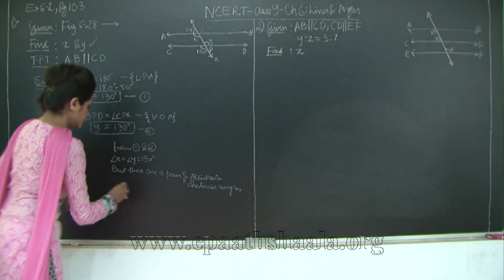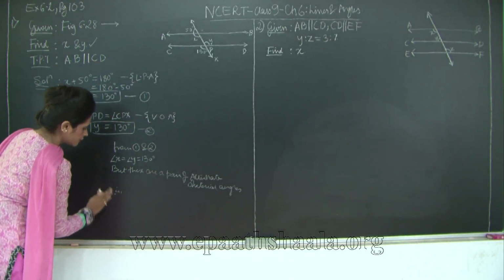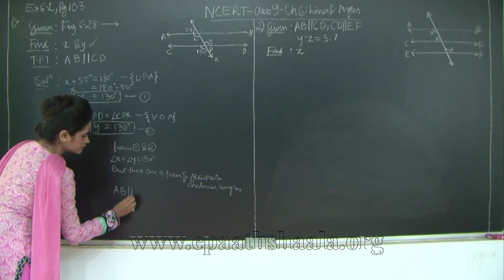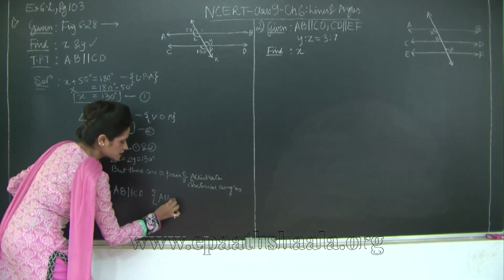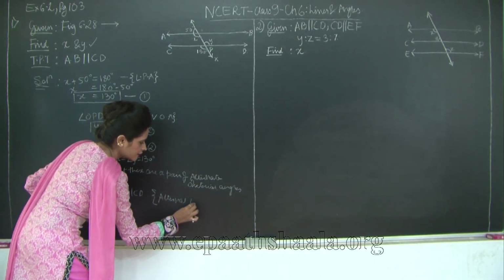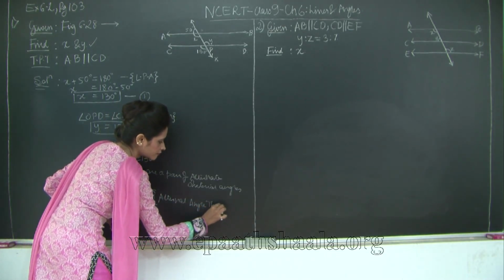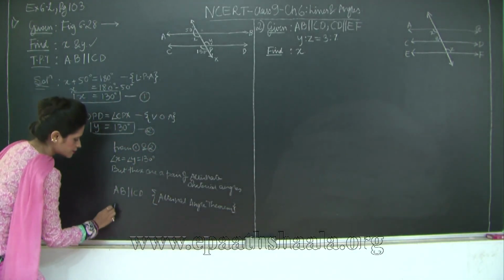Therefore, what can I say? Therefore AB is parallel to CD through the alternate angle theorem. So, therefore, I will say hence proved.